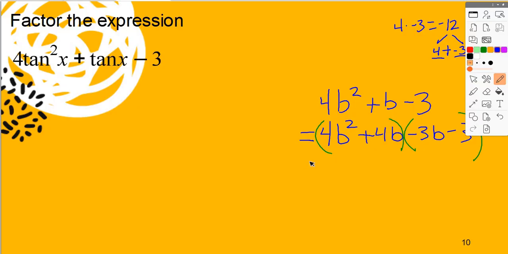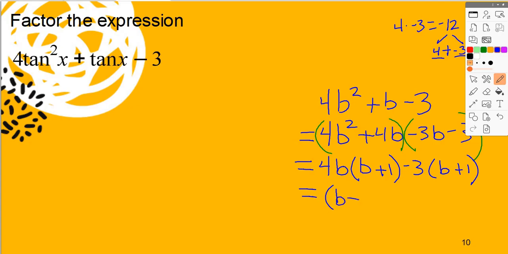What do our first two have in common? 4b. And we're left with b plus 1. And then what do our second two have in common? Negative 3. Yep. And so then we're also left with b plus 1, which remember is what we want, because I need my two parentheses to be the same, so that way we can factor out that b plus 1.